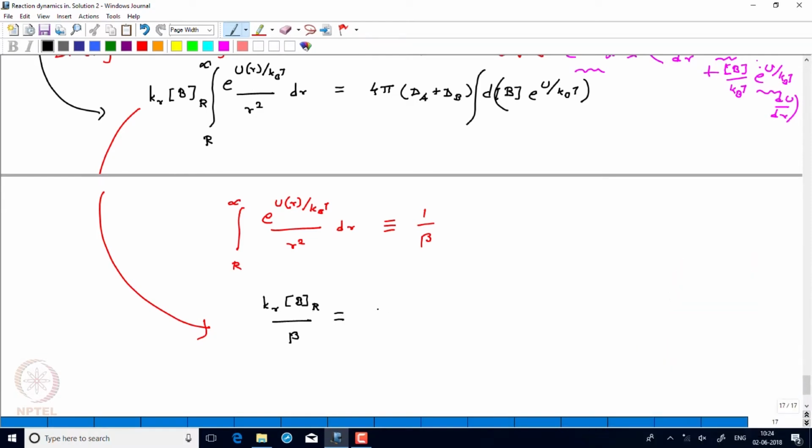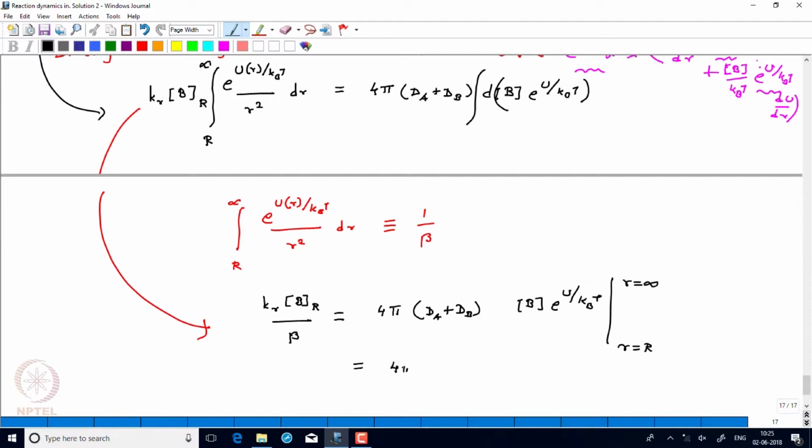That is equal to 4 pi dA plus dB, and then I have to evaluate this integral. It is a straightforward integral, which I'm writing as b times e to the power u by kBt evaluated at small r equal to R and small r equal to infinity.